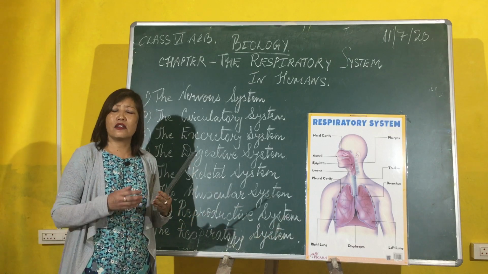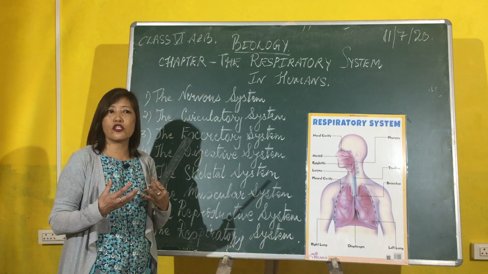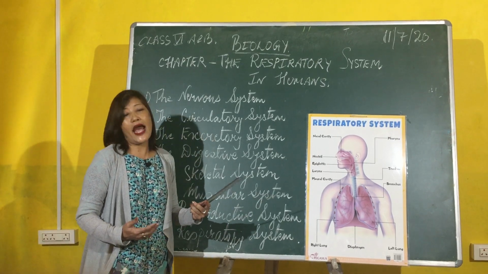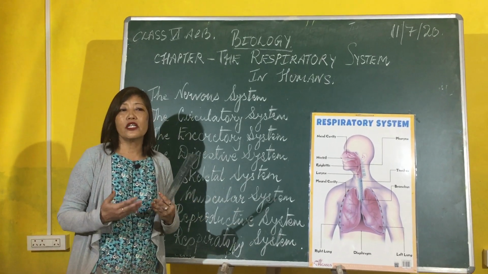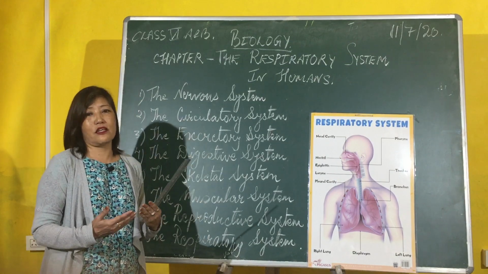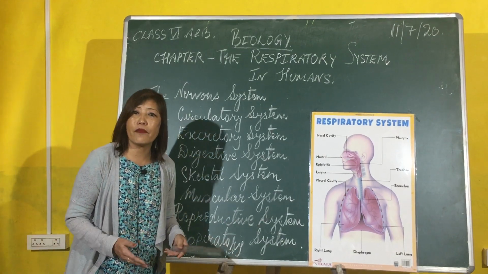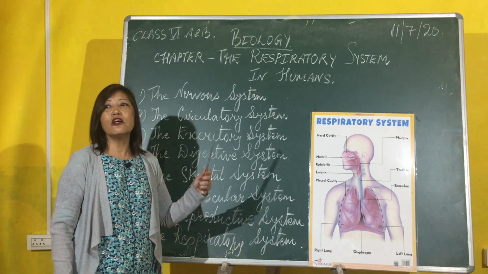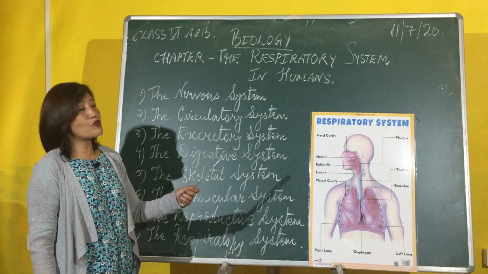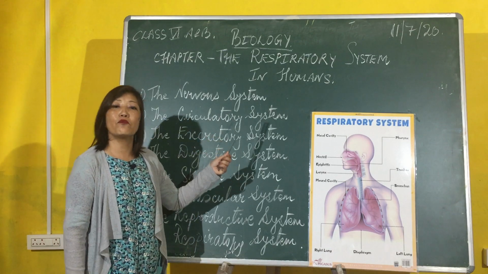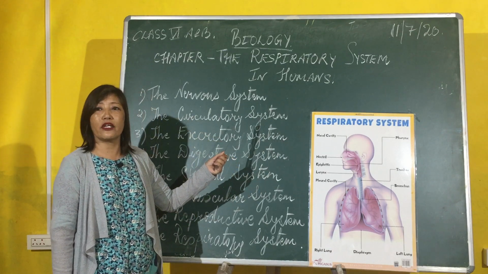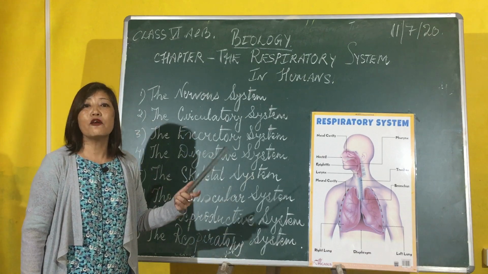These are small nerves which run from the brain and the spinal cord, and they carry the messages from the brain to different parts of our body and from different parts of the body to the brain. That's why the nervous system is the most important system of our body, because the main organ of the nervous system is the brain.